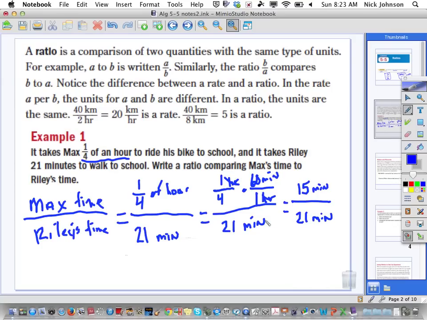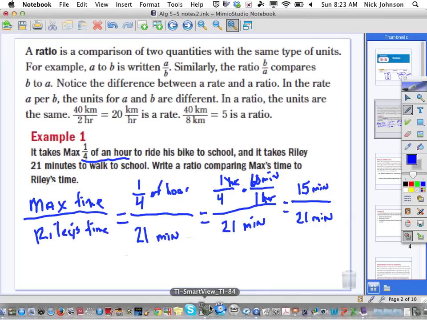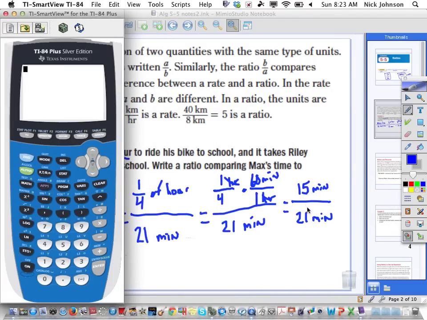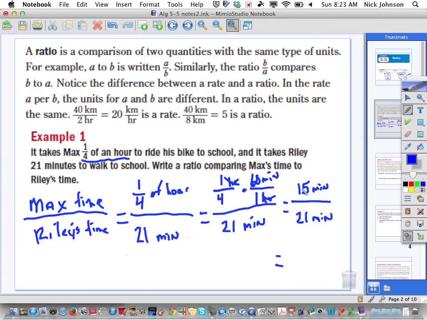Okay? Now, you can see if this will reduce down. I've showed you before on your calculator. You can find some number that goes into both of these, which we all know is 3, or you can do it on your calculator. I know 3 goes into 15 and into 21. So 3 goes into 15 5 times, and 3 goes into 21 7 times.